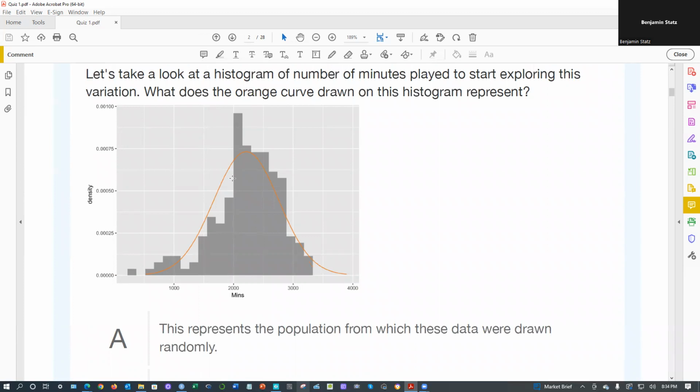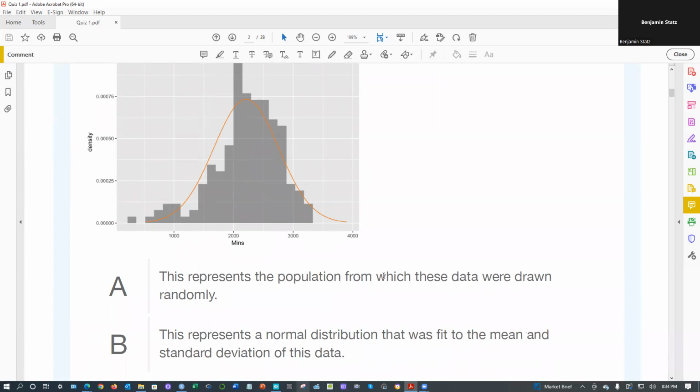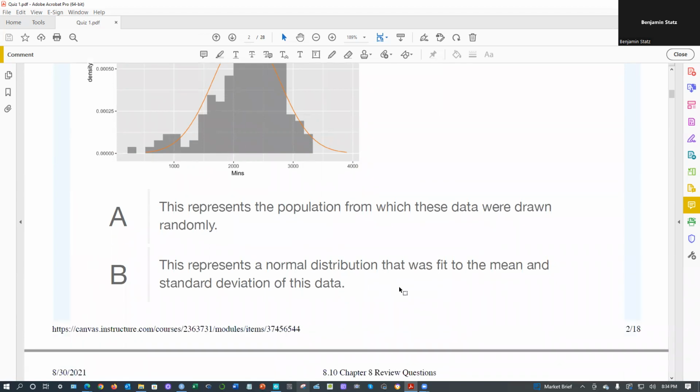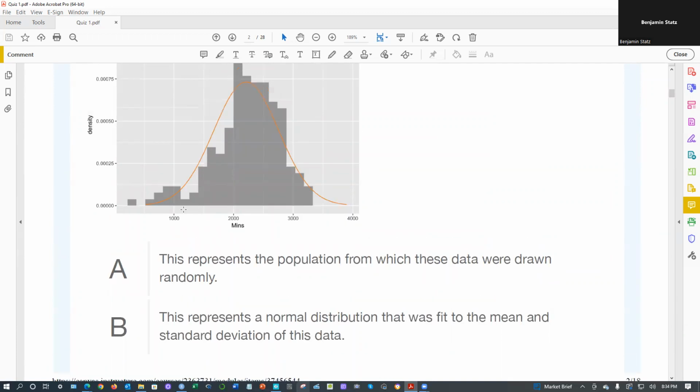It's the histogram, but they have overlaid a smooth, normal curve on top of it. What does this represent? This represents the population from which the data were drawn randomly? No, this is not the population from which the data has been taken.